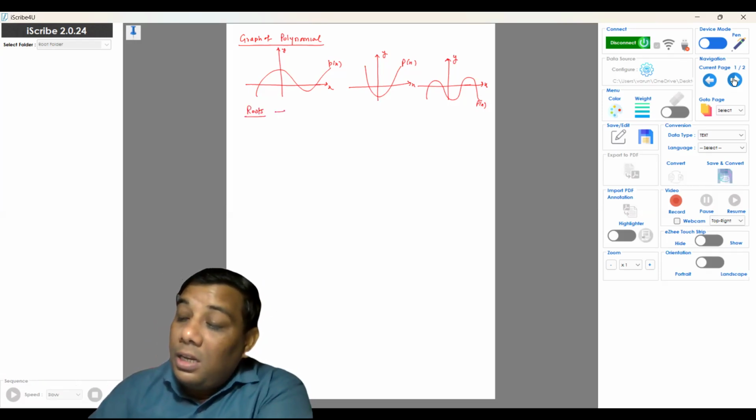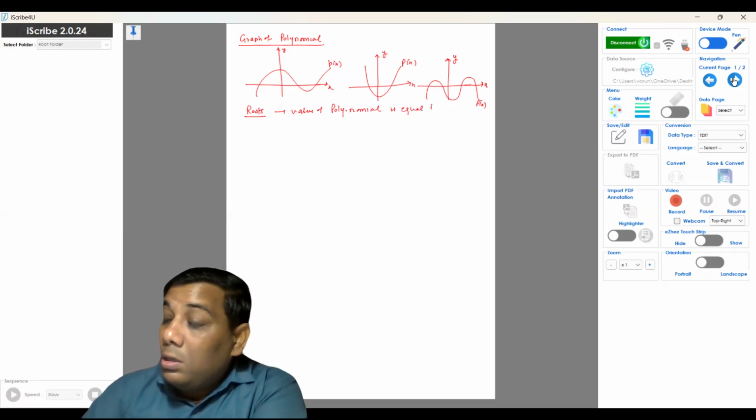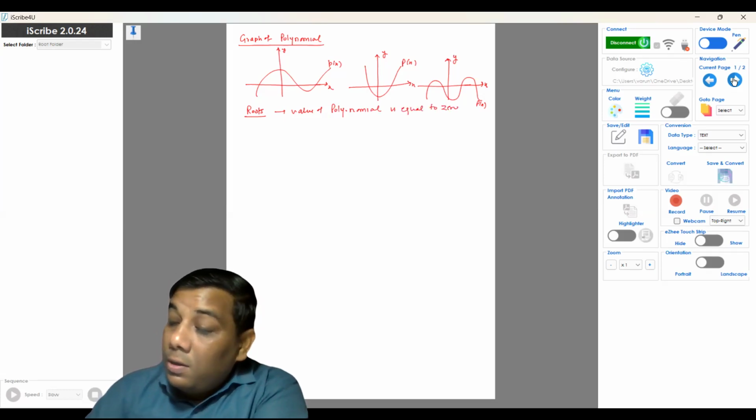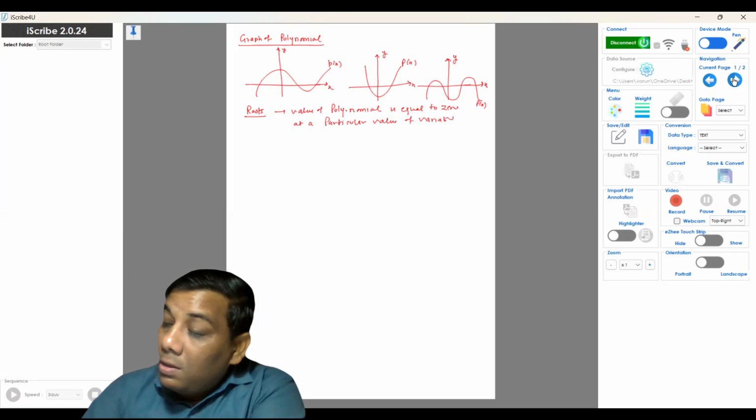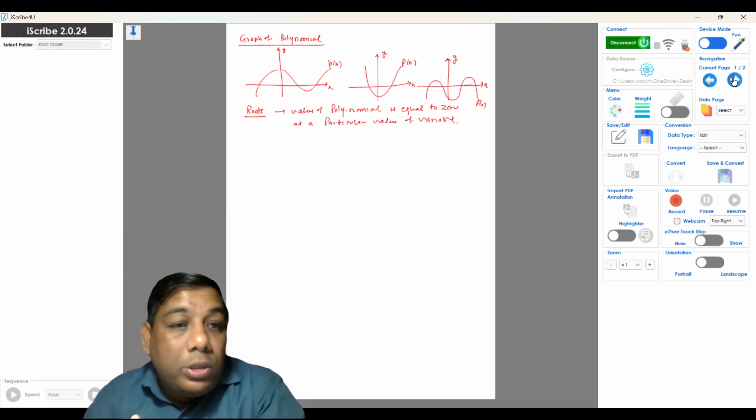रूट्स हमारे पास क्या थे? Value of polynomial is equal to 0 at a particular value of variable. Means x की values के लिए polynomial ही zero हो जाती है.